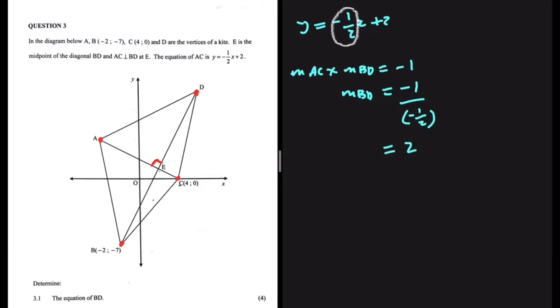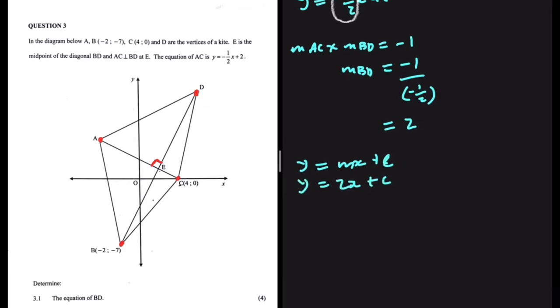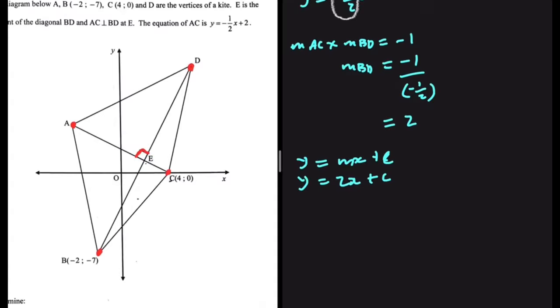So now we know that for BD, y is equal to mx plus c, but the gradient is 2. So we have 2x plus c. All we need to do is substitute a point on our line BD and find the value of c. Just like that, we're going to have the equation of BD.